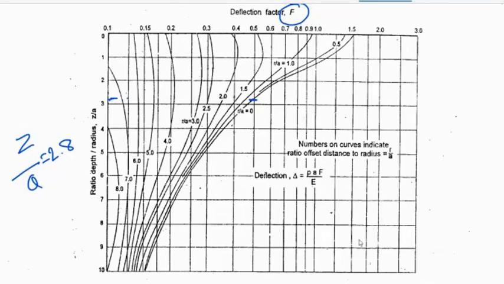So that is 0.4. Are you getting it? With a pencil, you can mark in the chart and refer to this, right? So this is somewhere 0.4.